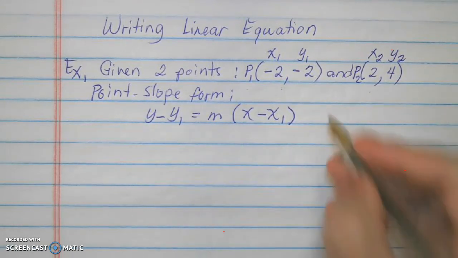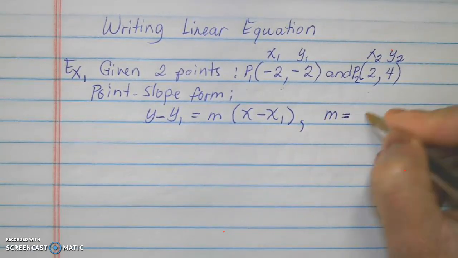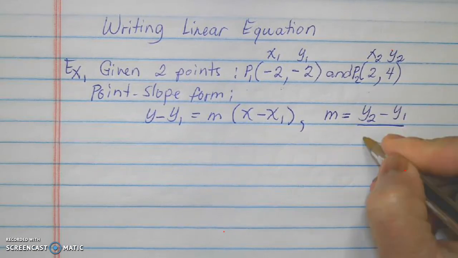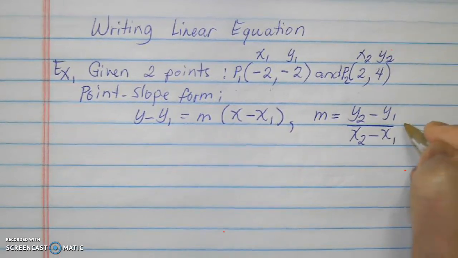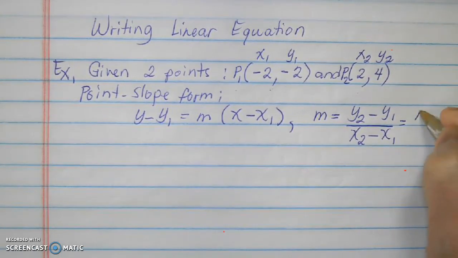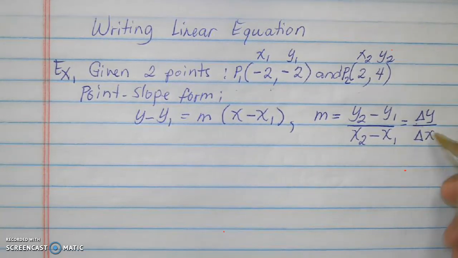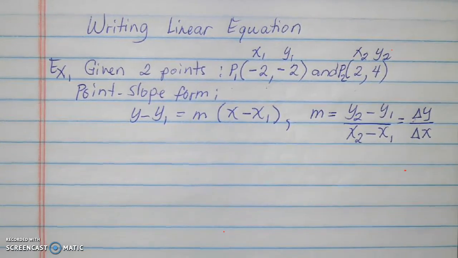Our m is our slope. M is y2 minus y1 all over x2 minus x1, which is actually the same as delta y over delta x, or the change in y over the change in x. So delta is a Greek letter that represents change in math.